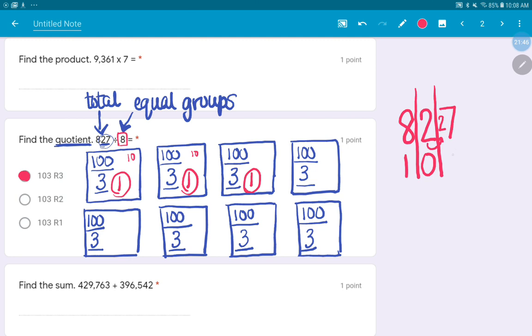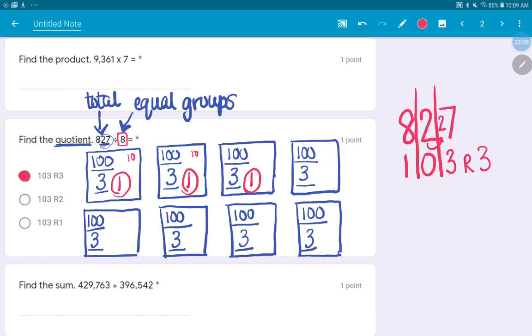That's too much. So it has to be 3. So my answer was 103. And since I only used 24, I've got some left over. 25, 26, 27. I have 3 left over. So there's my answer, 103, remainder 3.